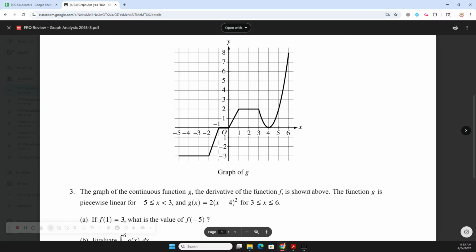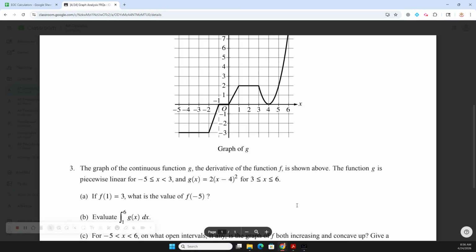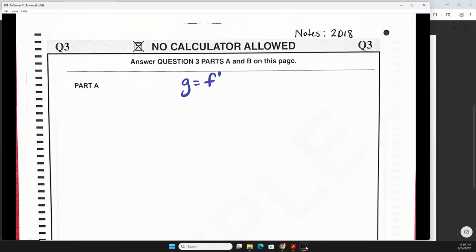All right, so if f of 1 equals 3, what is the value of f of -5? Now, we have done this many, many times on this review, so I feel like you can do this without me, but basically we want to find f of -5, and we know f of 1, and we're going to add an integral to it.